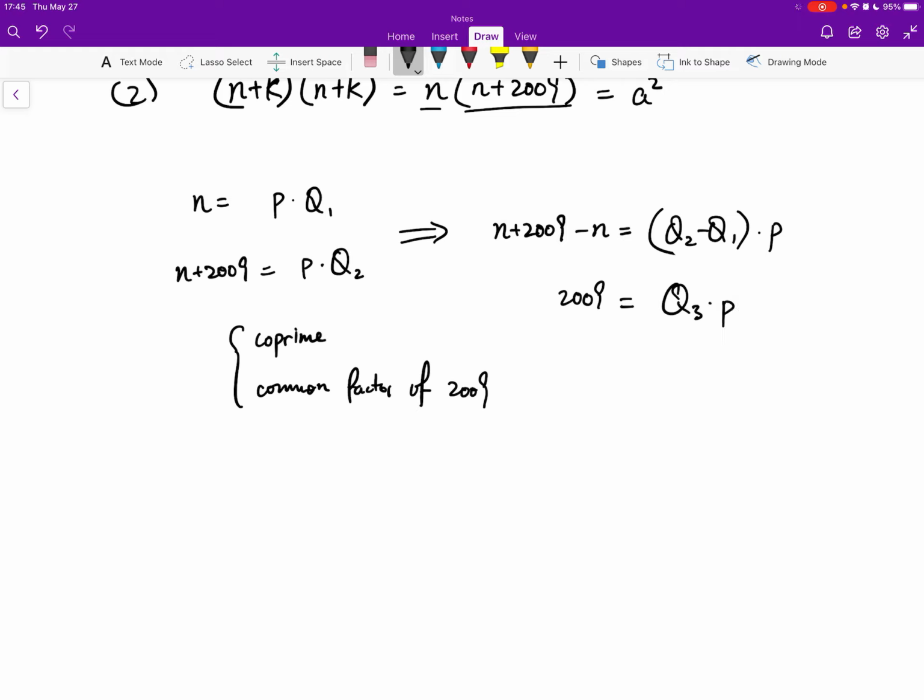So what does that tell us? That tells us that 2009 is this common factor between n and n plus 2009 times another quantity. However, we know that 2009 itself is a prime. That means either p is 1 or 2009, and there are no other cases.